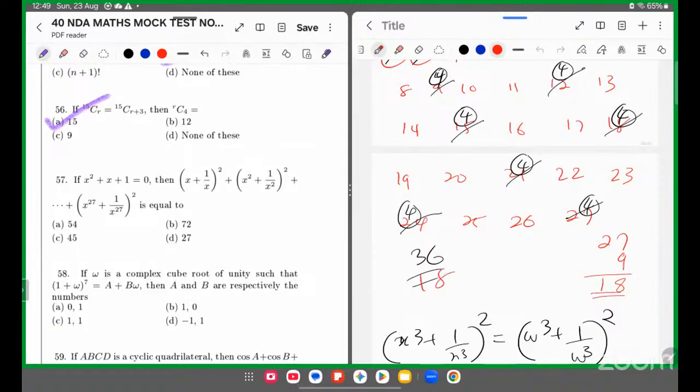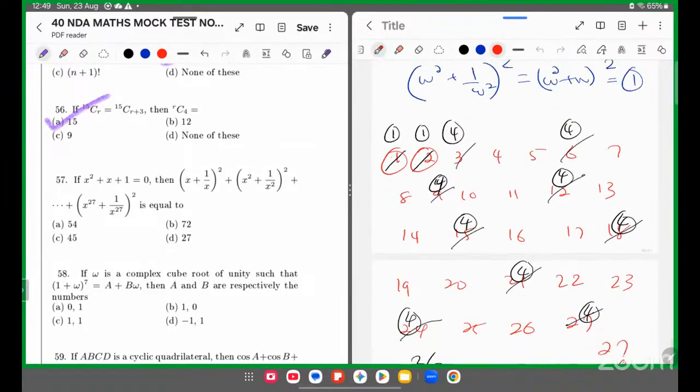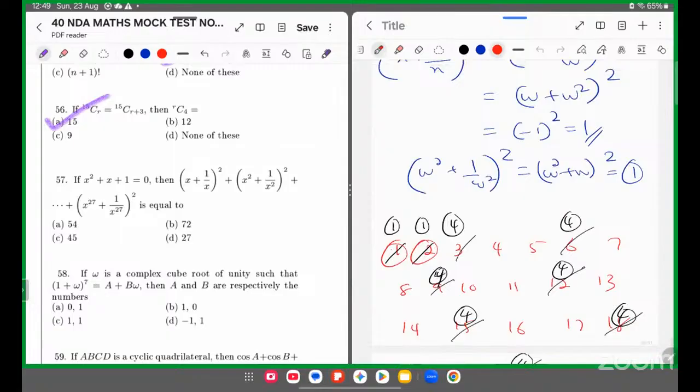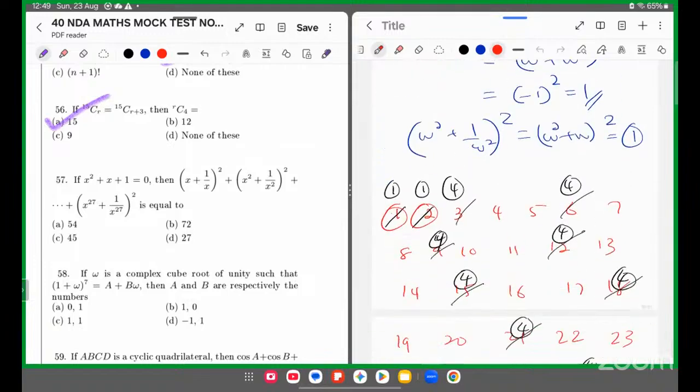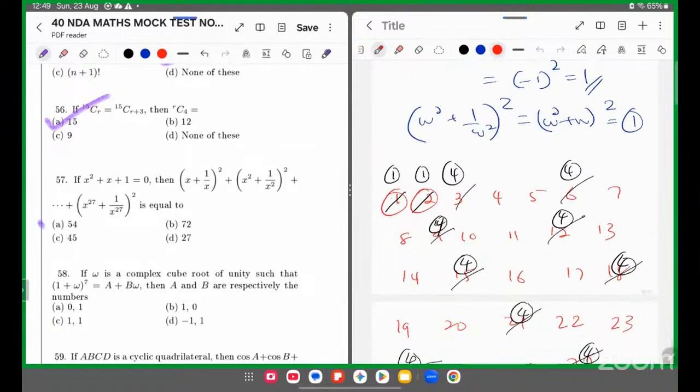So 36 plus 18 becomes 54. We have to be careful, because omega plus 1 by omega and omega square plus 1 by omega square, that is 1 plus 1, 2 only. But when you consider omega cube plus 1 by omega cube, it will be 1 plus 1, 2, 2 square is 4. Such 9 times are there. So 9 into 4 is 36. So 36 plus remaining 18 becomes 54. Therefore, the answer is option A.